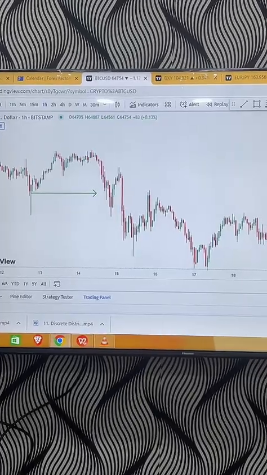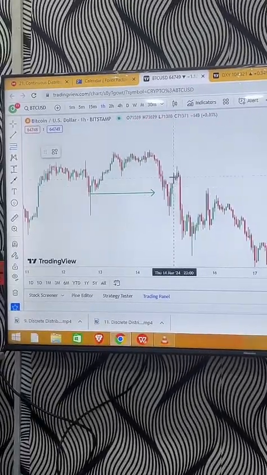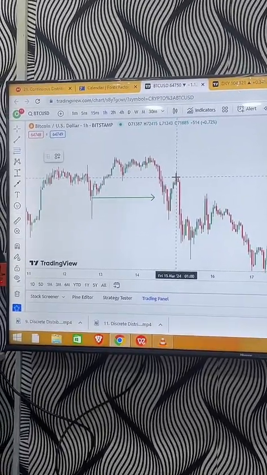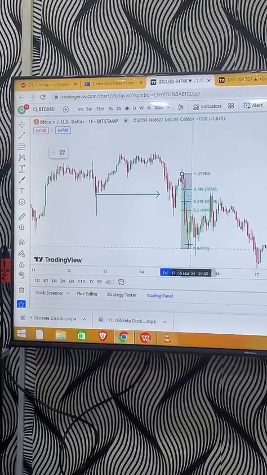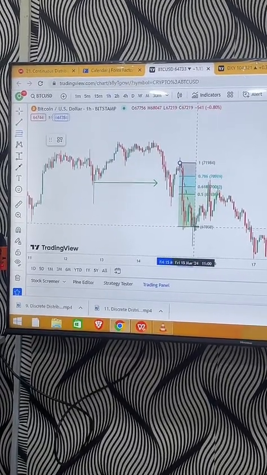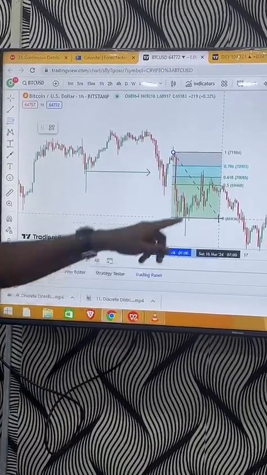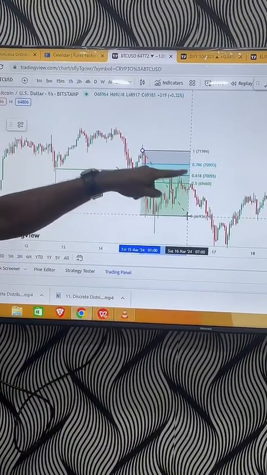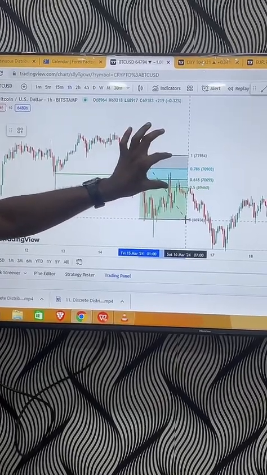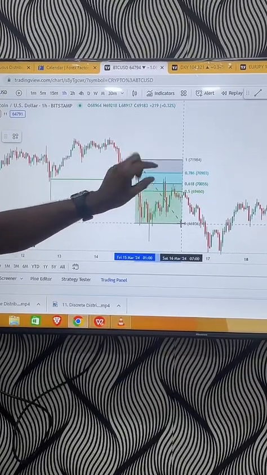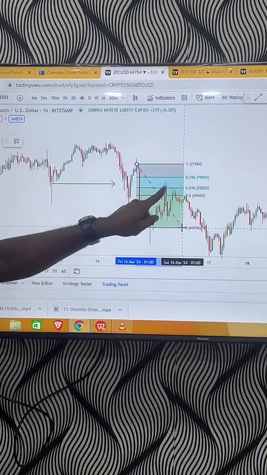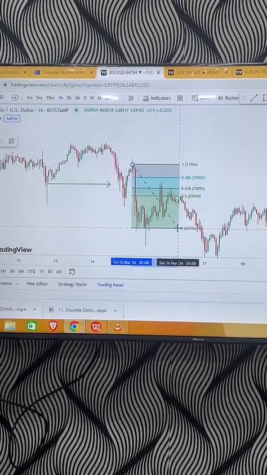If you draw it again from this place, which is the new lower high, to the new lower low here, you can see price rejected from in between that 50 in that region, which is the premium zone. Price rejected from there, you can sell from there also. You can see how the market comes down.